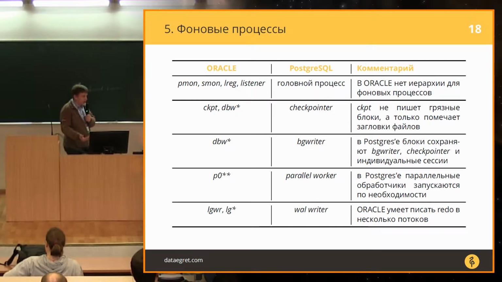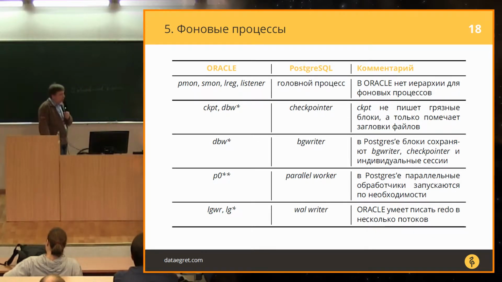So if you have a read request to the database, it needs to read something from disk, and if the block is dirty, then your read request will actually write data on the drive. Unfortunately, this is the architecture.